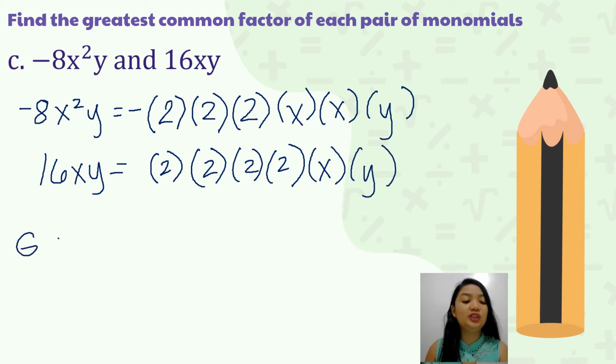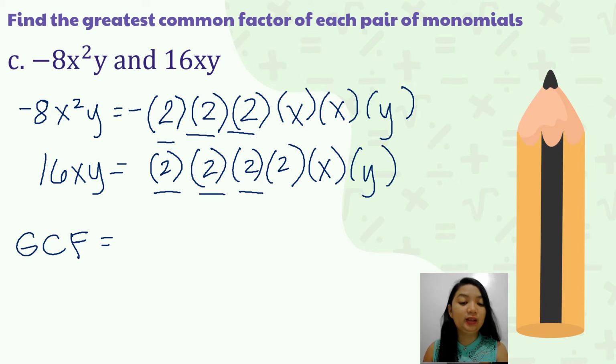Again, to get the GCF, you find the numbers that are common in negative 8x squared y and 16xy. Only one of them has a negative sign, so it is not counted. We have three twos here, so we can get the three 2s as their common factor.